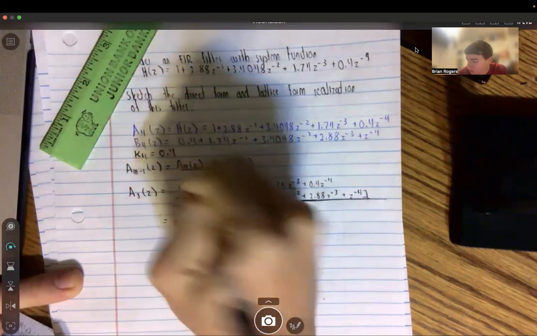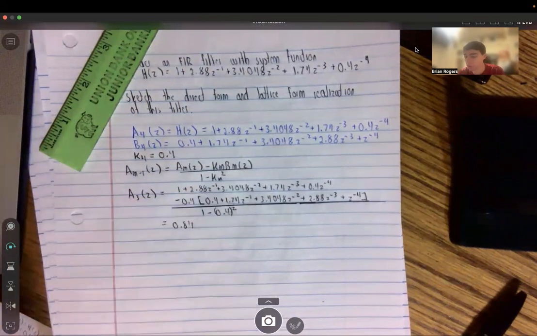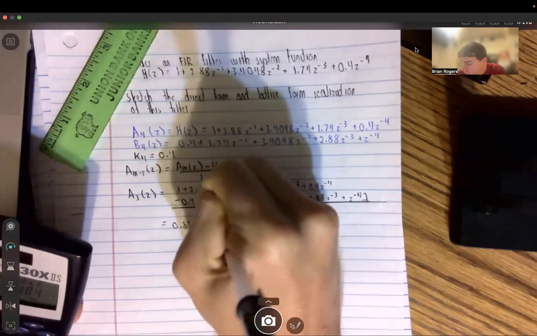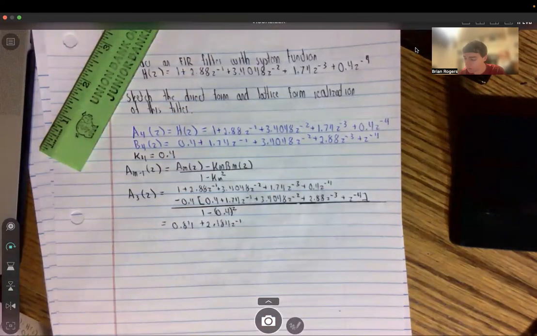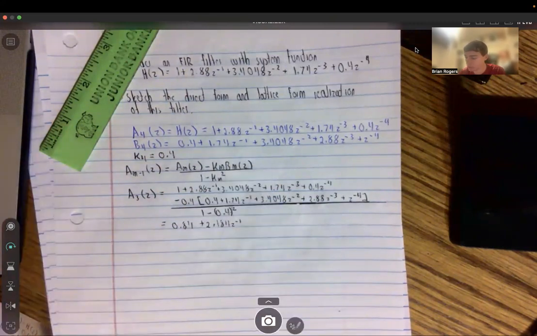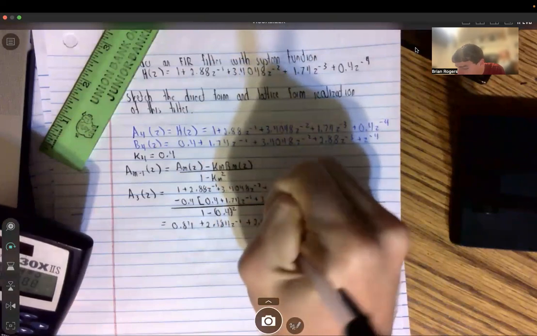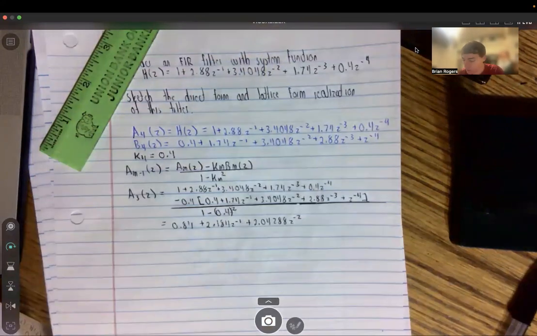Then looking at my z^-1 term, it's going to be 2.88 minus 0.4 times 1.74, which gives 2.184z^-1. For my z^-2 term, it's 3.4048 minus 0.4 times 3.4048, which gives plus 2.04288z^-2. Then for my z^-3 term, it's 1.74 minus 0.4 times 2.88.